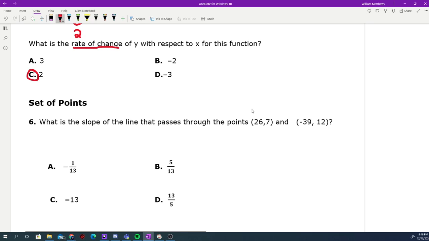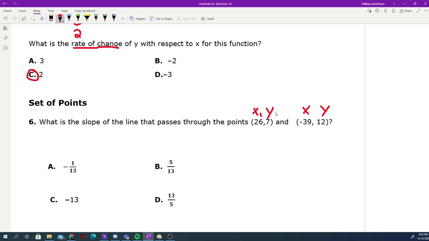When given a set of points, we can use the slope formula. With this, we need to know what our x and y values are. Now in this case, there is no difference right now between my variable x and my variable y. They look the same.